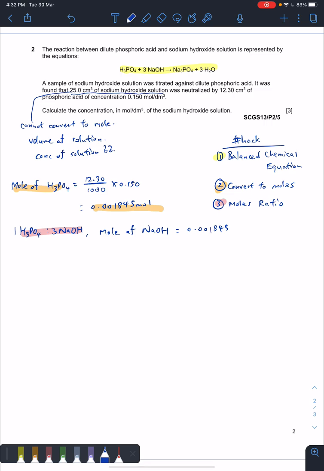So be very careful. You times 3. 0.005535 mole. And you're almost there.